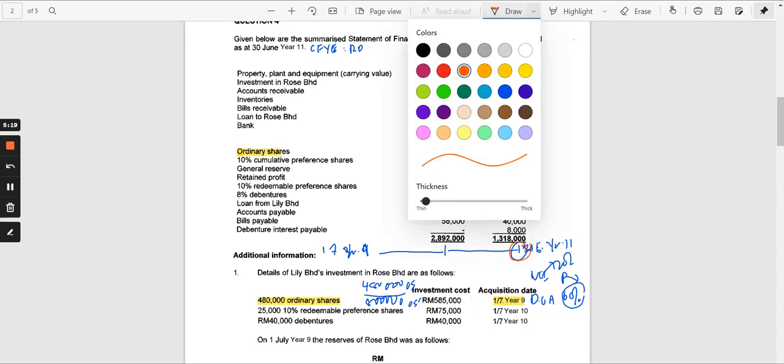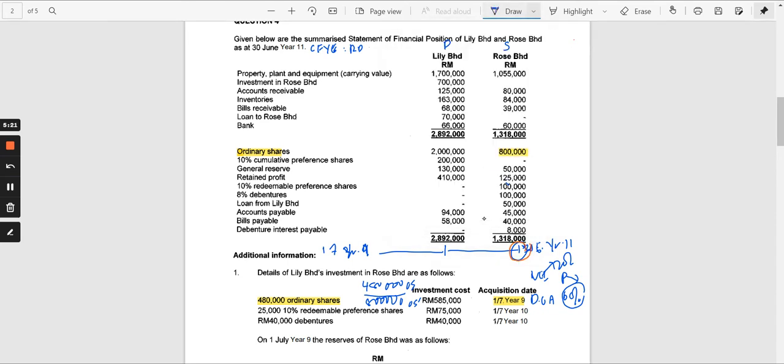The acquisition date is the date that you acquire the company. So after 2 years, 1, 2.